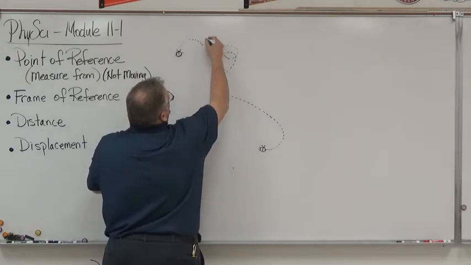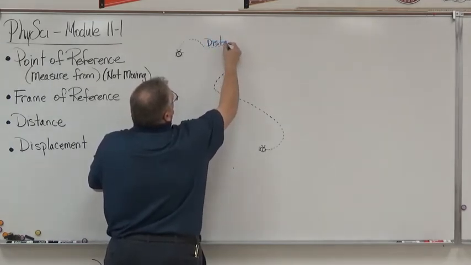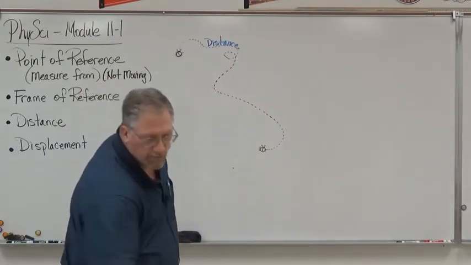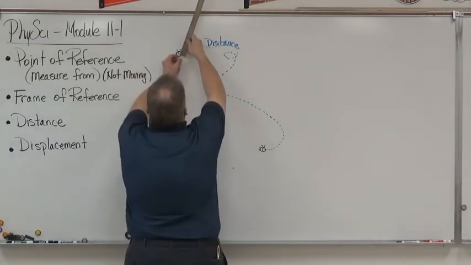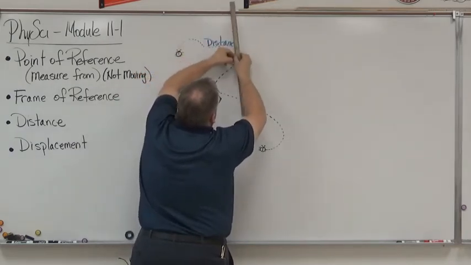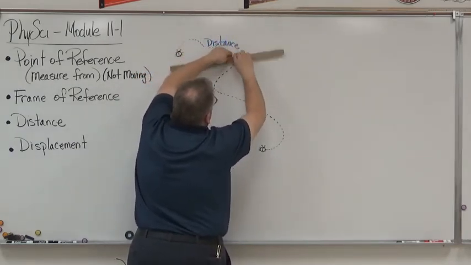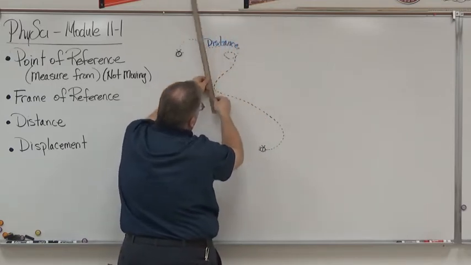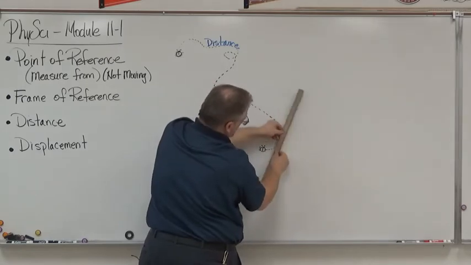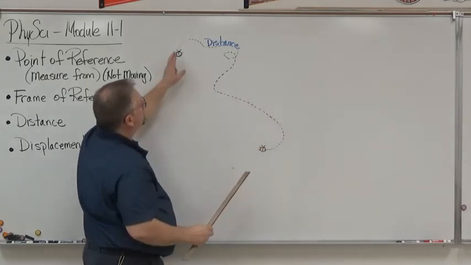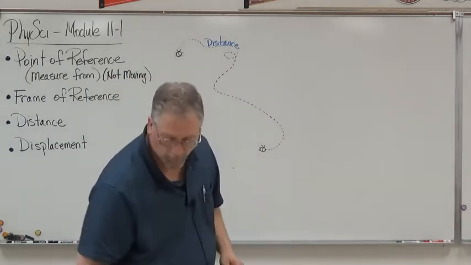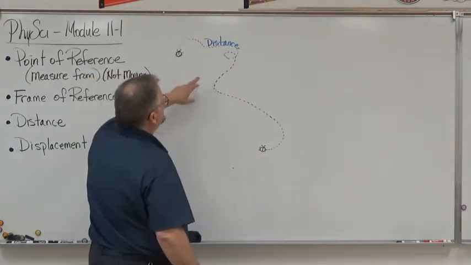So distance, you'd have to take a meter stick or ruler, and very carefully, because this is curving all over the place, try and get the full length of this thing all the way around the circle here, going around there, down to there. Then we start over again over here and go about there. Okay, so if you measured the length of that entire long pathway, probably with a tape measure instead of a ruler, then that would be your distance.